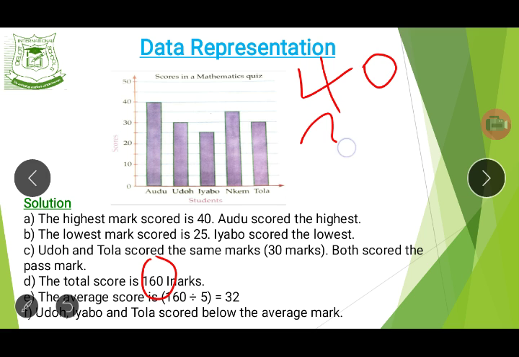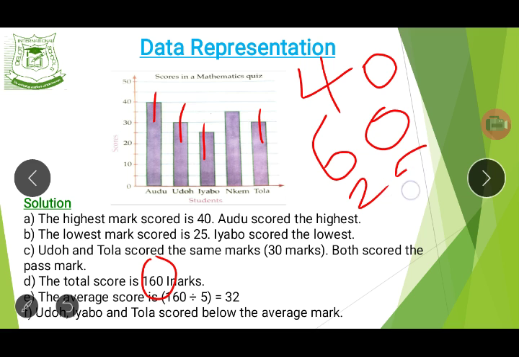We have 30. We have 2 30s. So let's make that 60. That's this one and this one. This is 40 here. This one is 25. And then this one is 35.